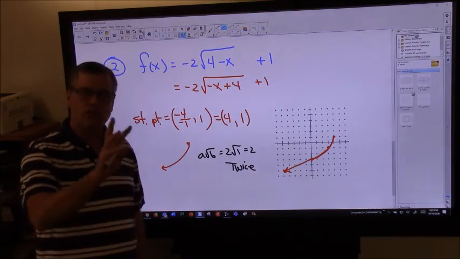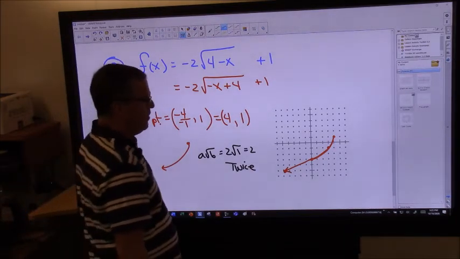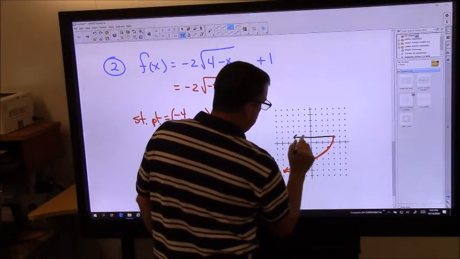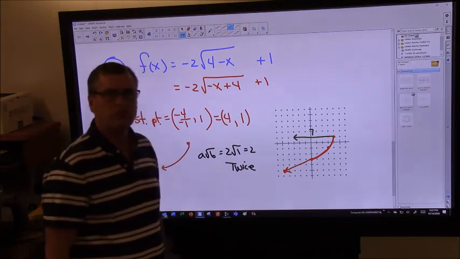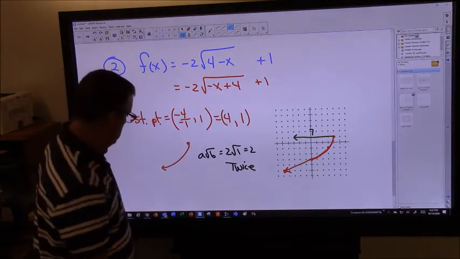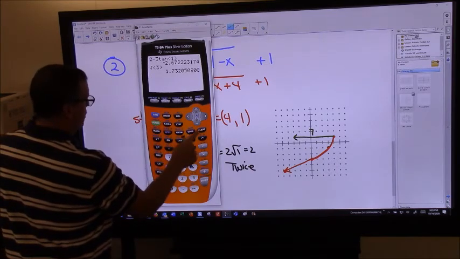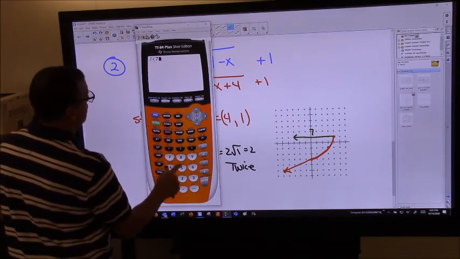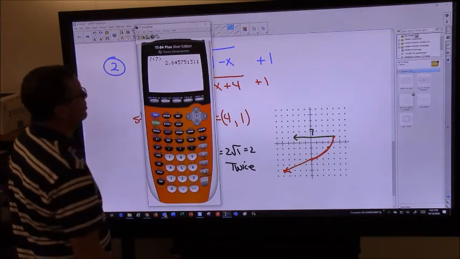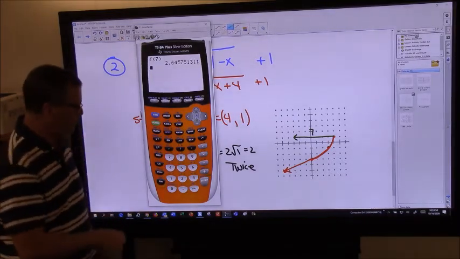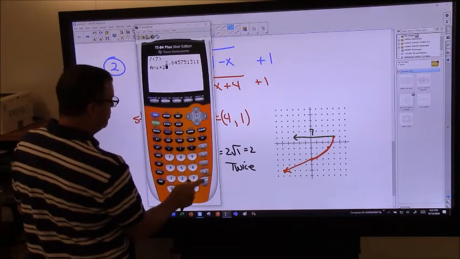Okay? Now, just to make sure you guys get this, if I would have said, I'm going to go over 7 units. All right, so now I need to go down, let's see, the square root of 7, which is 2.6, roughly, but I need to go twice as far, times 2.